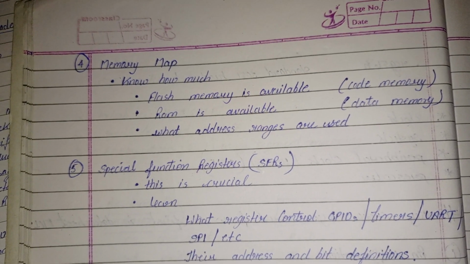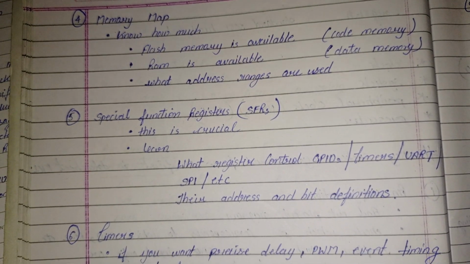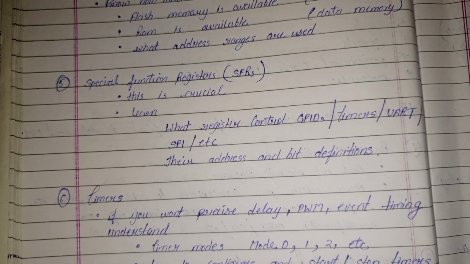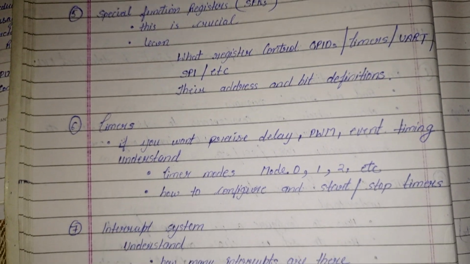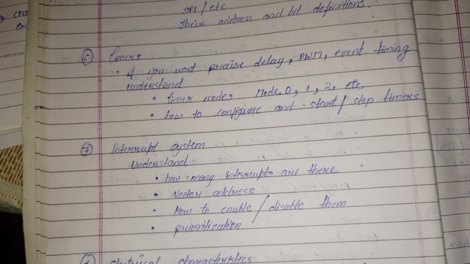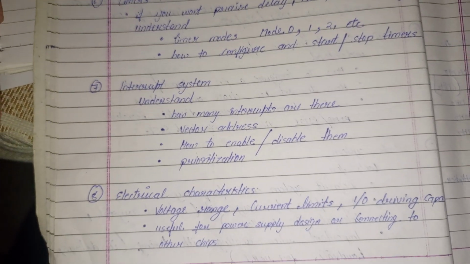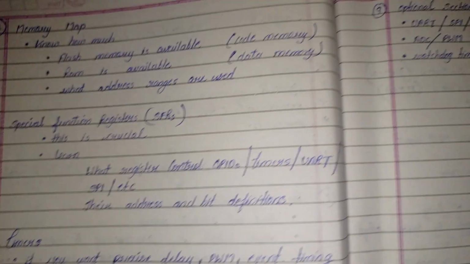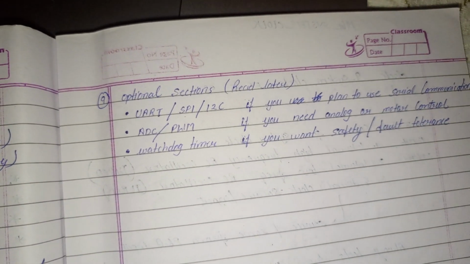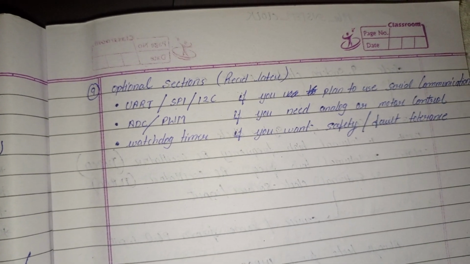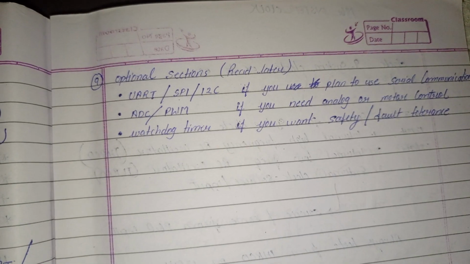Then we have to read the memory map, then special function registers (SFRs), then go towards timer, interrupt system, electrical characteristics, and here is the optional section: read UART, SPI, I2C, ADC, PWM, watchdog timer.